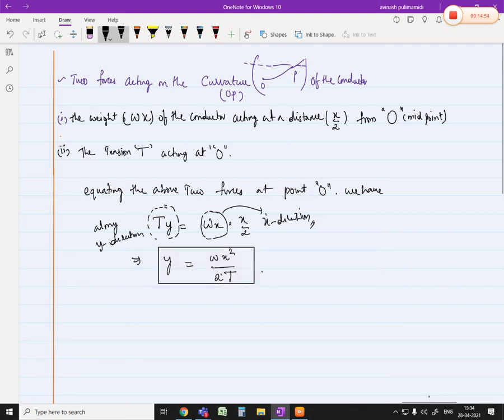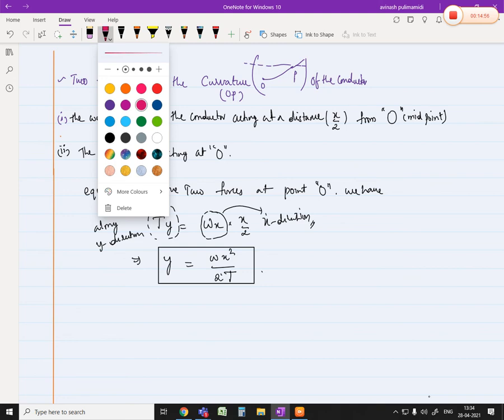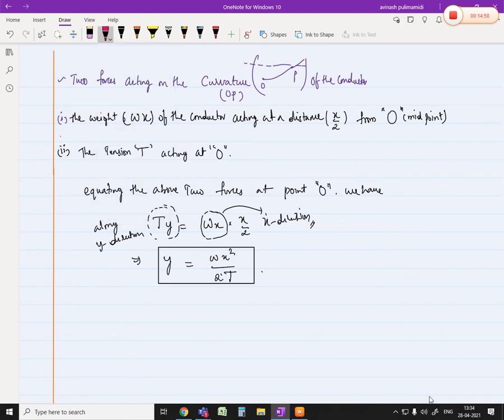So therefore the maximum sag is represented by the value of y.